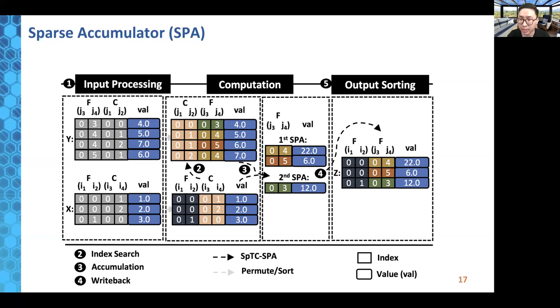Combined with the accumulation stage, these 2 stages address the challenge of a known size and a non-zero pattern of the output tensor. The last stage is output sorting, which is optional.